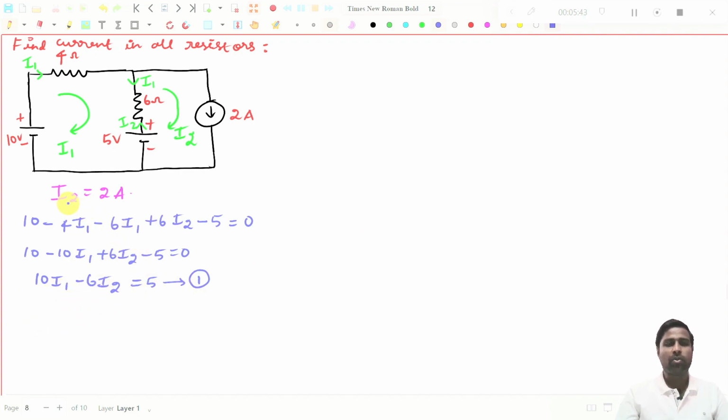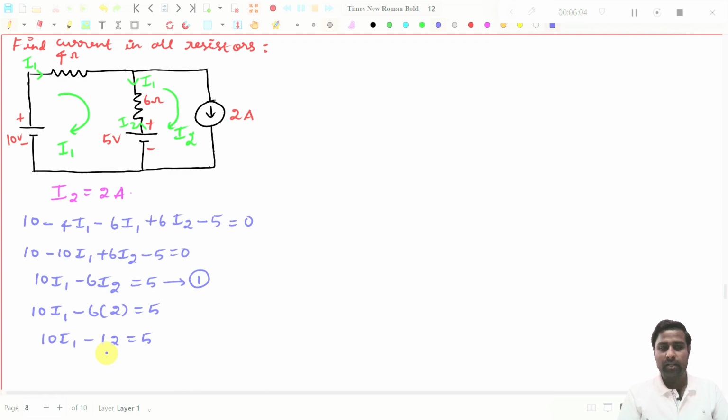And what you know already is I2 is equal to 2 amperes. Just substitute I2 here. What you will get? 10I1 minus 6 into 2 is equal to 5. So 10I1 minus 12 is equal to 5. If I bring this 12 to the other side, 10I1 will be equal to 17.